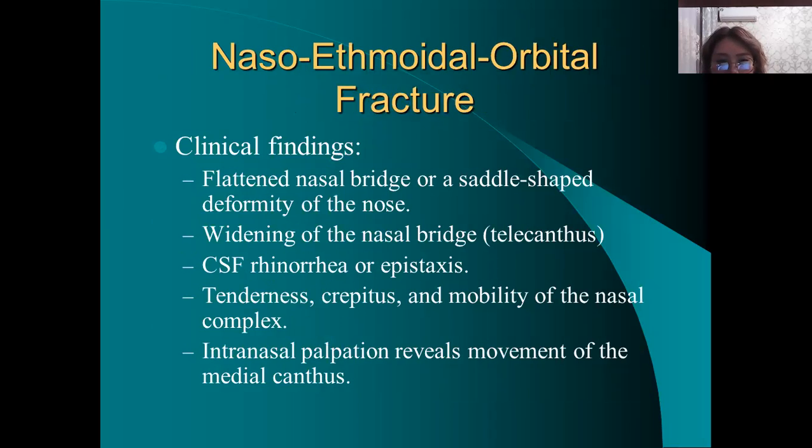Clinical findings: flattened nasal bridge or saddle shaped deformity of the nose, widening of the nasal bridge, rhinorrhea or epistaxis, tenderness, crepitus, and mobility of the nasal complex, intranasal palpation, reverse movement of the medial canthus.